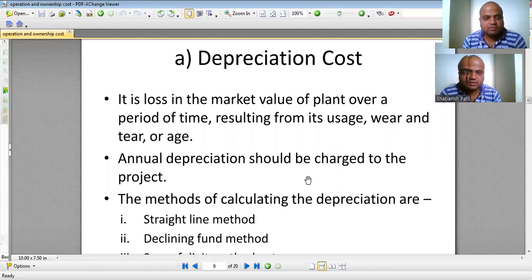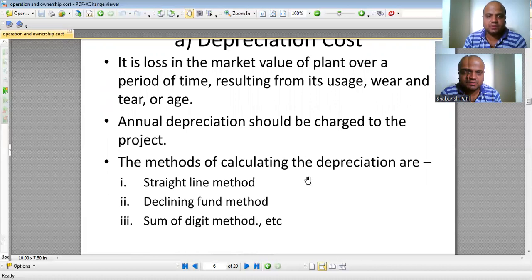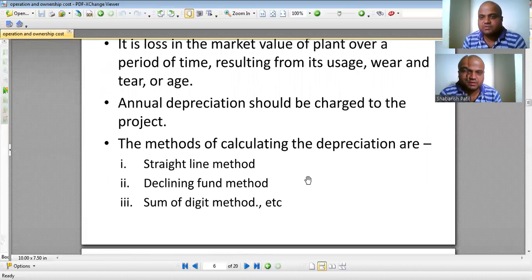Please remember, there will be a book called the annual depreciation book where all these things are supposed to be recorded, and whatever amount we are charging the client should also include this depreciation cost. There are different methods of calculating depreciation: the straight line method, the declining balance method, and the sum of digits method. There are still many methods available, but I will restrict myself to only these three methods, and we will discuss them in the next class.